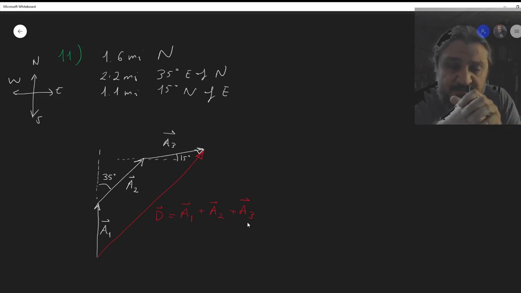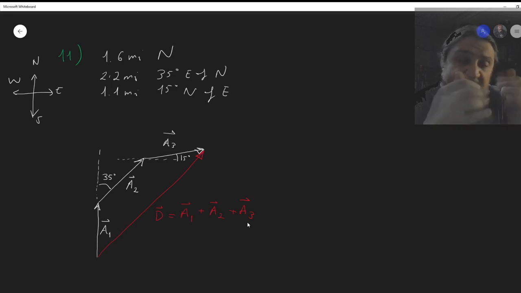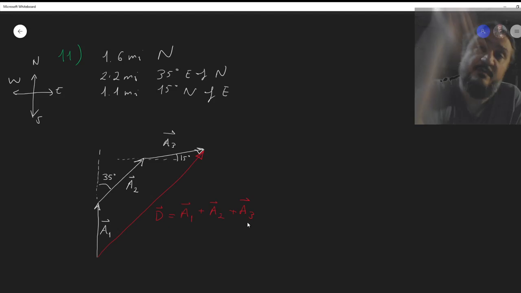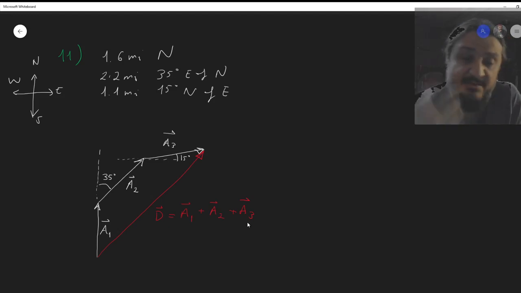You need to write this vector equation in its east-west and north-south directions. Okay, I'm not going to call it x and y. You can if you like. You can call west-east x and south-north y, and then write dx and dy.